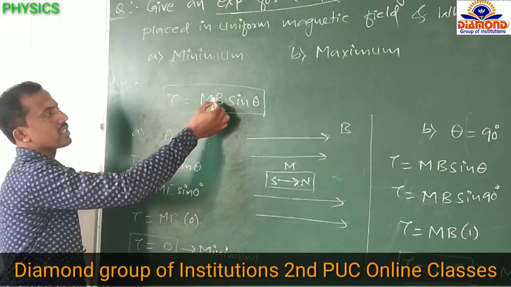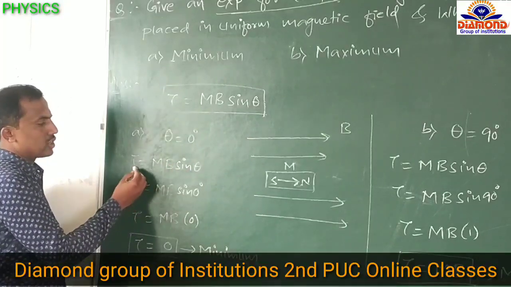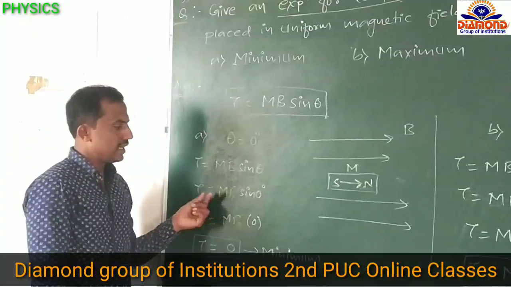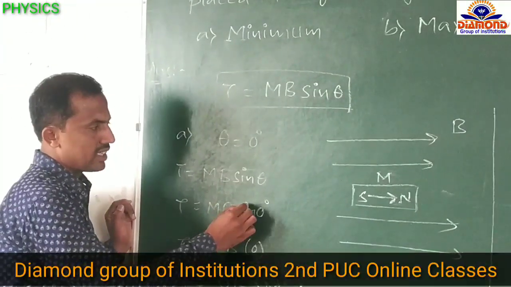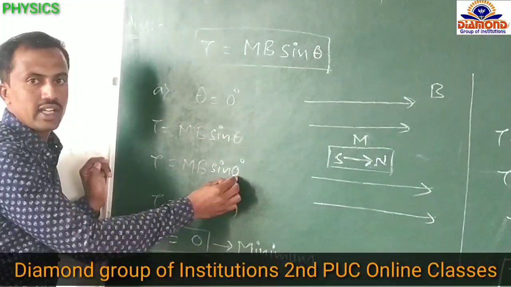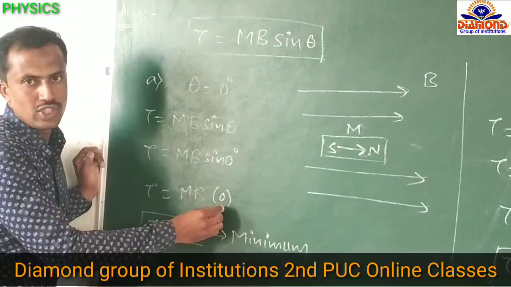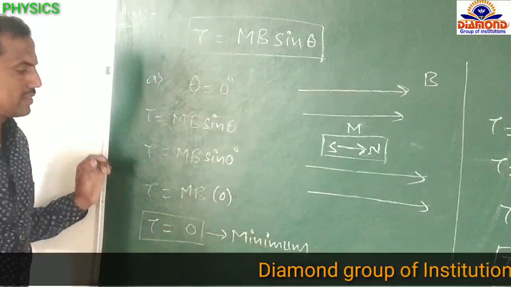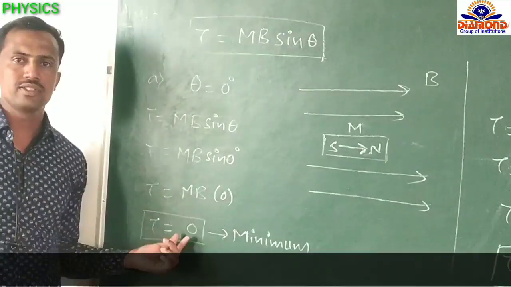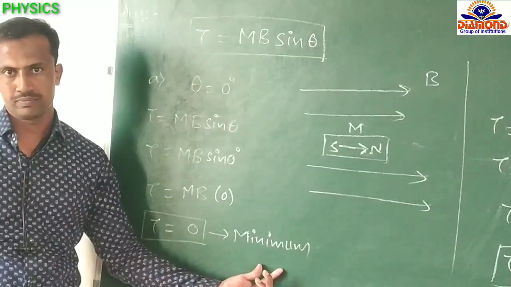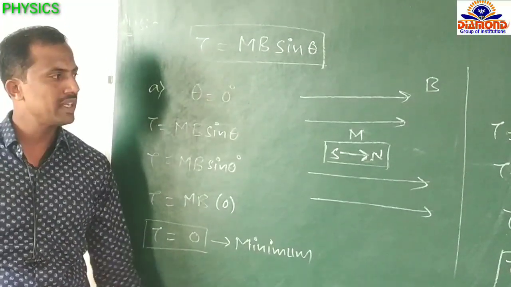We add this value in the above equation. Torque tau equals MB sin theta, with theta 0 degree. Sin 0 degree is 0, and 0 into MB means 0. Then torque is said to be minimum.